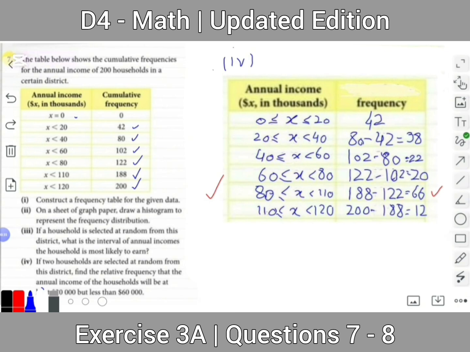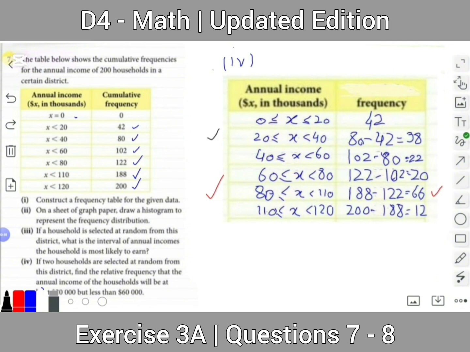So, to find out the relative frequency of the incomes between $20,000 and $60,000, first we have to identify the frequencies between the $20,000 and $60,000.